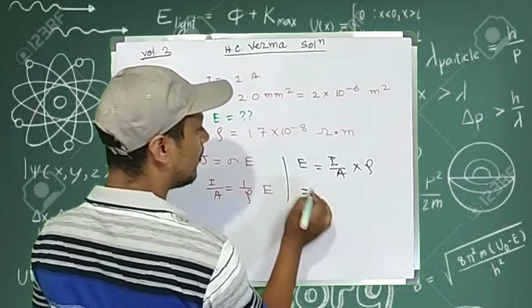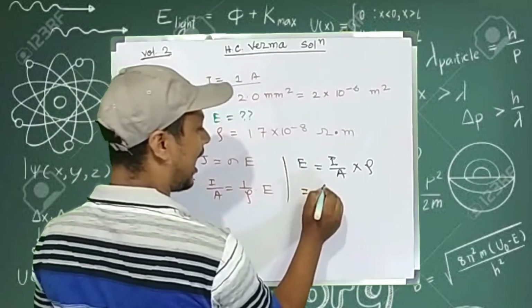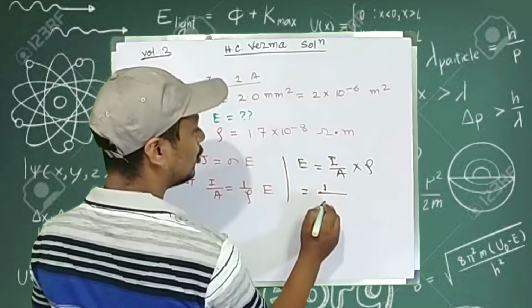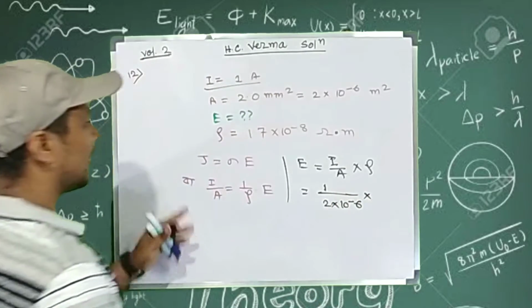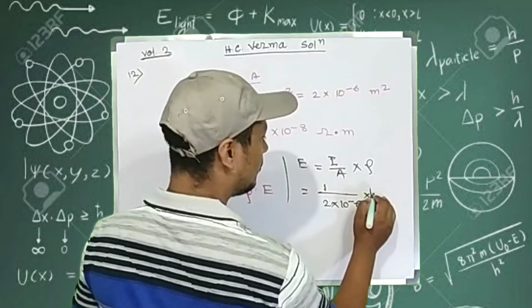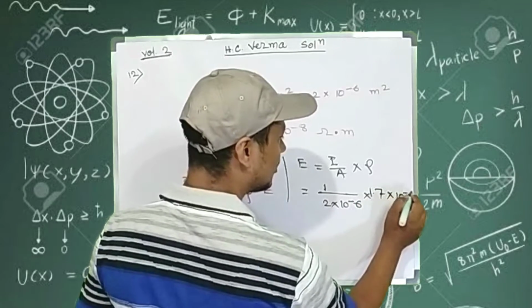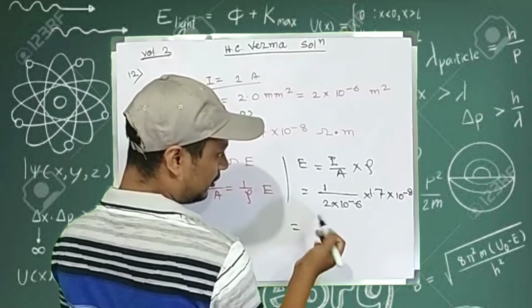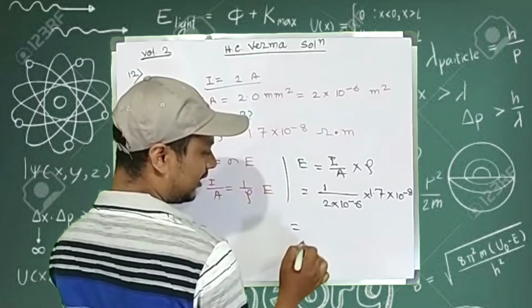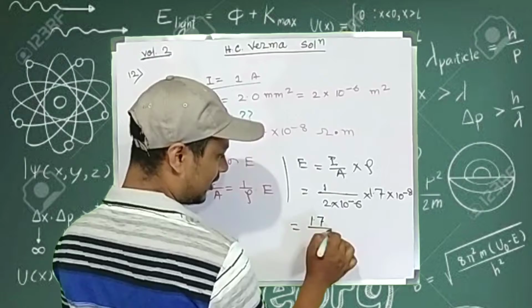Now put in all the values you know: I is 1 ampere, A is 2 into 10 to the power minus 6, and the value of rho is 1.7 into 10 to the power minus 8.